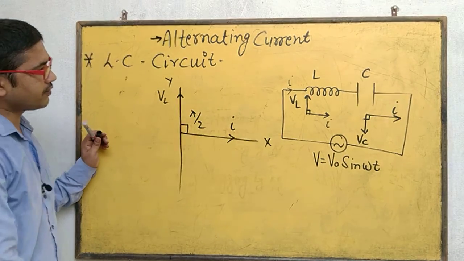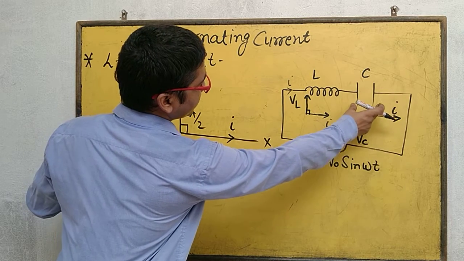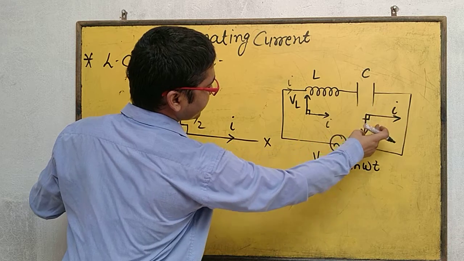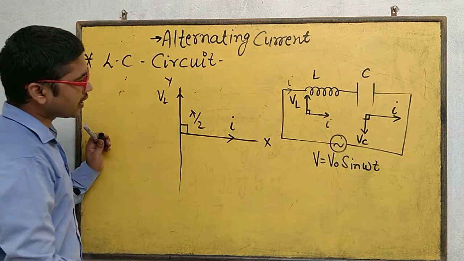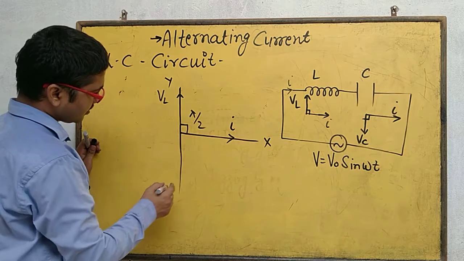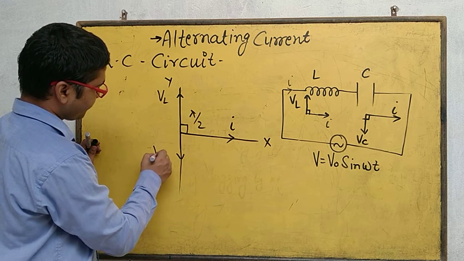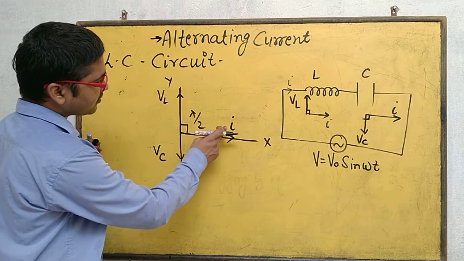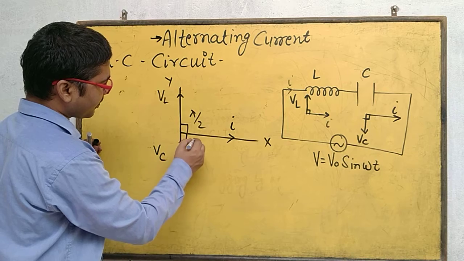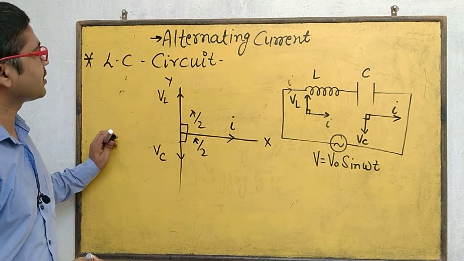Now if we are talking about the capacitor C, the voltage developed across the capacitor plates is lagging the current I by a phase pi by 2. So we can draw on the same axis VC along the negative y axis, so that you can see the current I is leading VC by a phase of pi by 2.